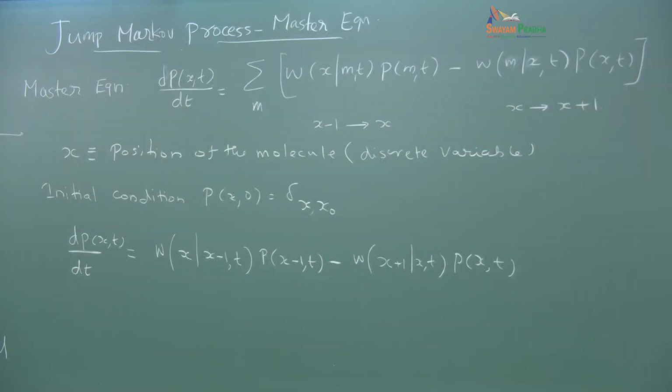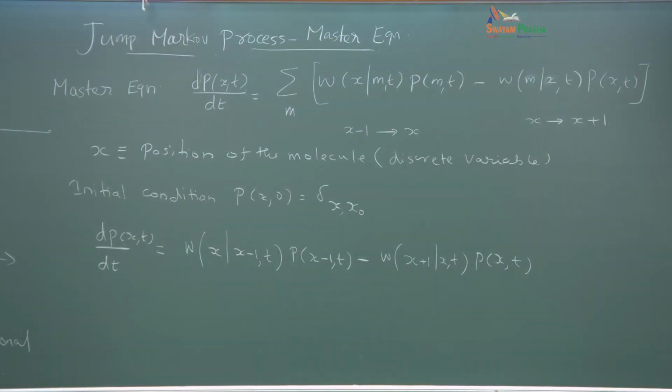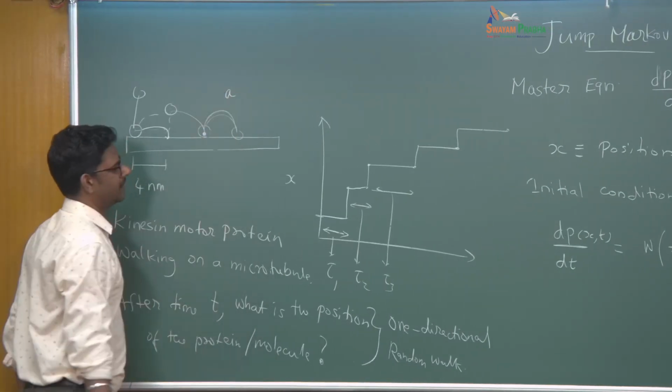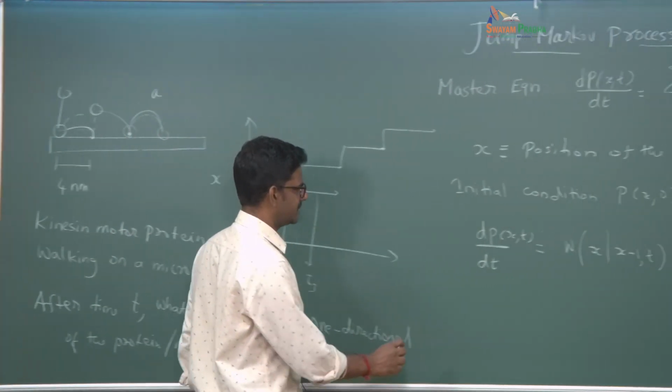So now what we will do is that the molecule, when it's trying to jump, we will associate a rate a. Okay, so w we'll say as a constant.